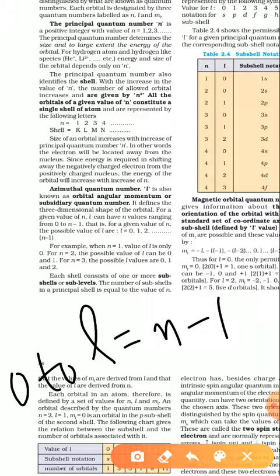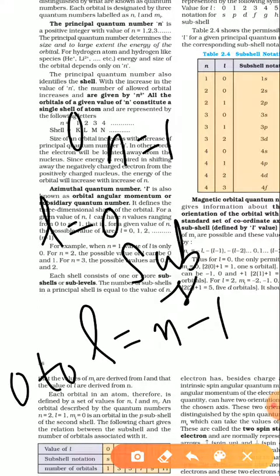Suppose the value of n is 1, which means it is the K shell. Then the l value will be 1 minus 1, which is 0, meaning it will have only one subshell. That is the meaning of this azimuthal quantum number.